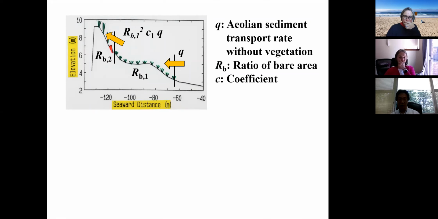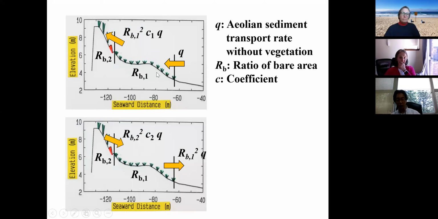The reason I will explain later. When the winds blow from land to sea, these aeolian sediment transport rates were set. At the seaward boundary, because the sediments are transported over the vegetated area, R sub B was included, and at the landward boundary, a different coefficient C sub 2 was included.